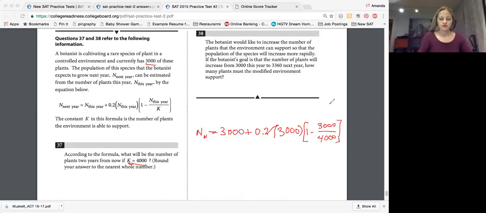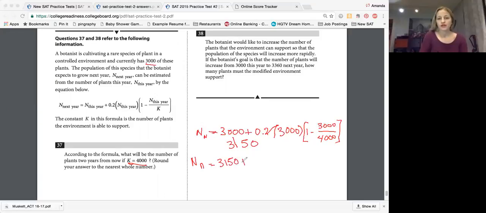So next year, I'm going to have 3,150, right? Now, but they want to know 2 years from now. So now 2 years from now, I have to start this all over again. But this time, I'm going to say that my current is 3,150.